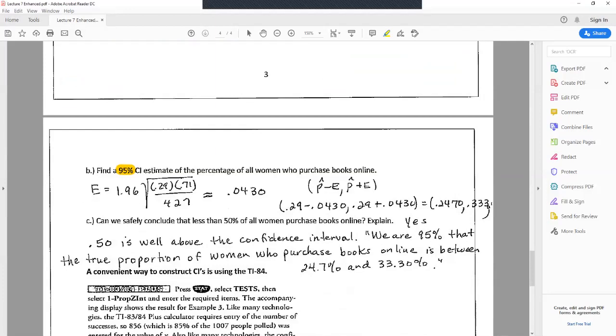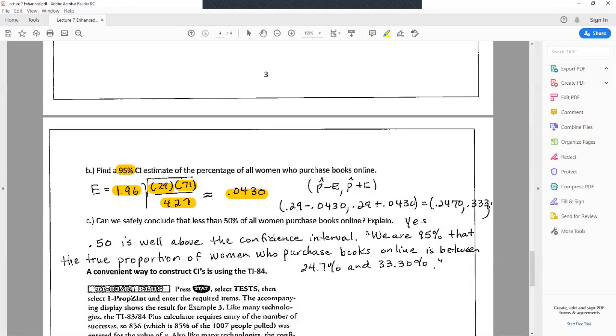Well, the margin of error is going to be the critical value, which is 1.96, times the square root of p hat times q hat, which is 0.29 times 0.71, and then we divide that by n, which is the number of people in the survey. That gives us a margin of error of 0.0430.